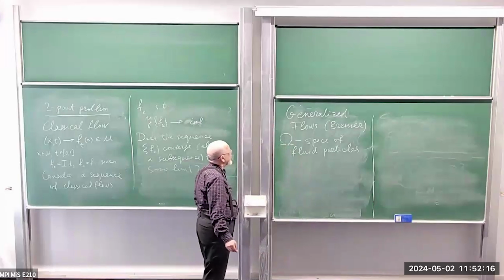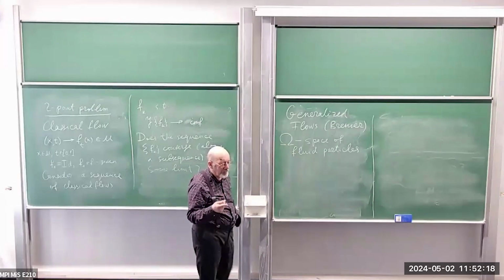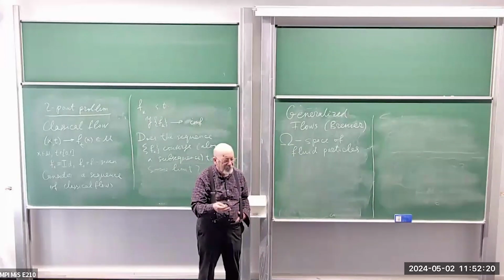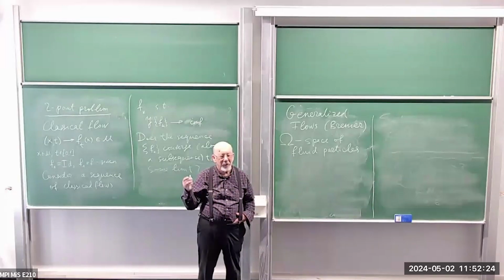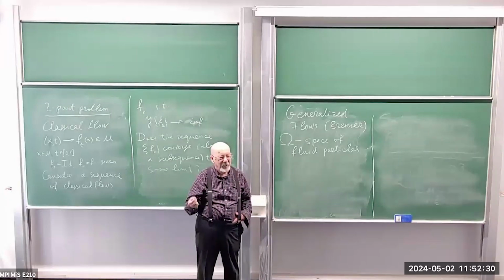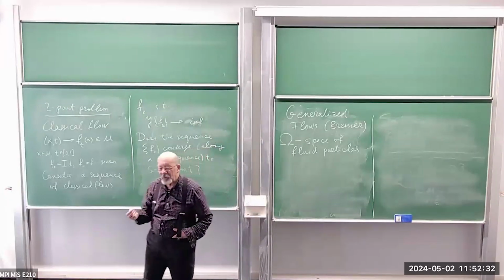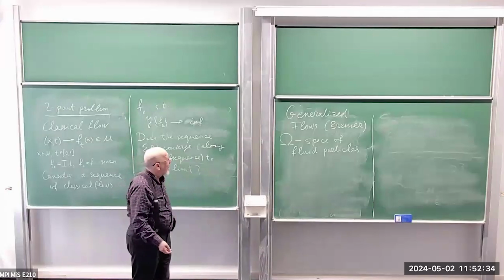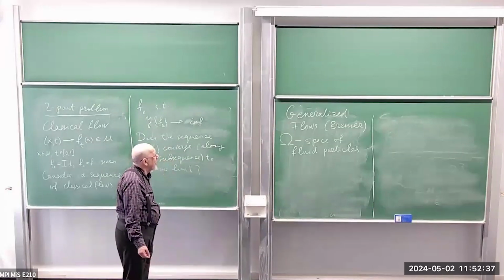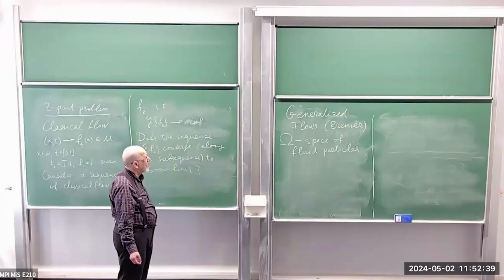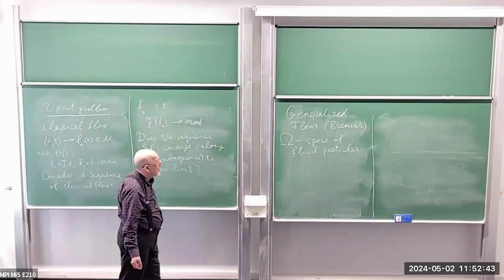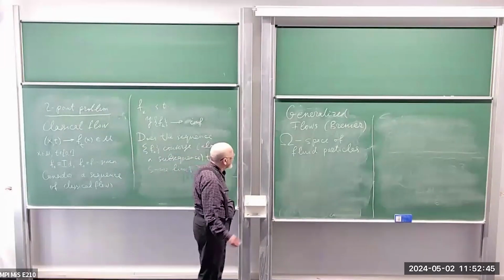The space, in the simple case of diffeomorphisms, is just the space M. We can label the particles by their initial positions. Yes, at every point we have one and only one particle. But in more complicated cases, it is no longer true.